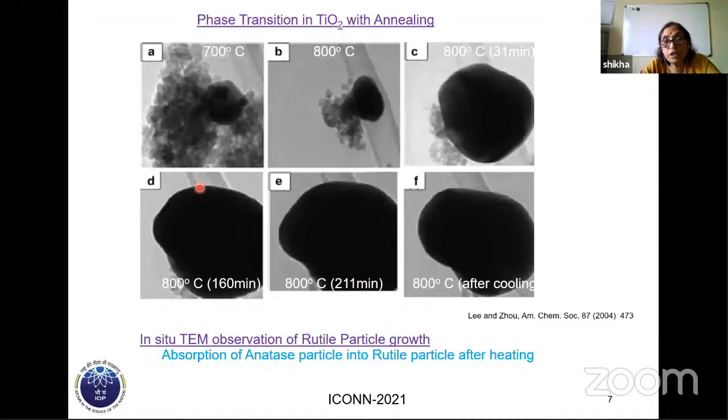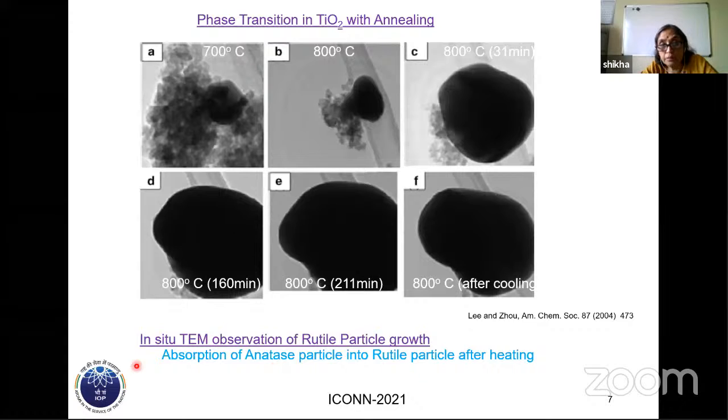So this is how the phase transformation from anatase to rutile occurs. If you see, this is a rutile seed and all this is anatase, and as one increases the temperature, the whole anatase phase transforms into rutile. So it is the big rutile crystal that forms. And this continues further at 800 degrees C as the time increases.